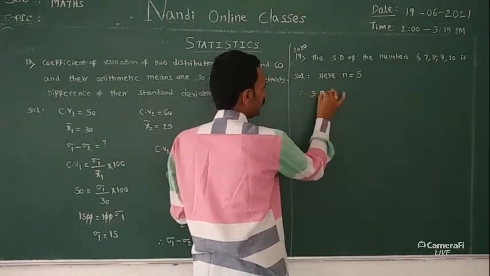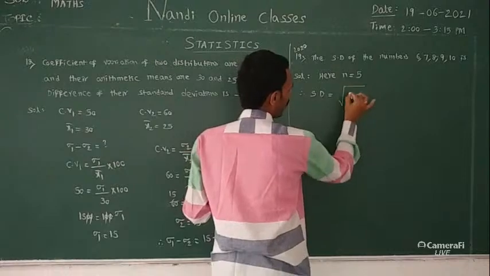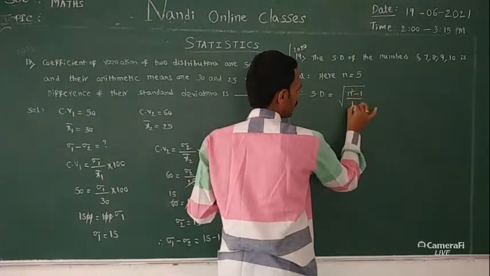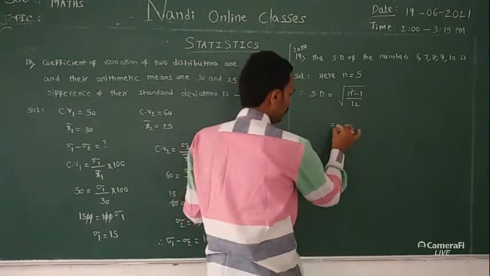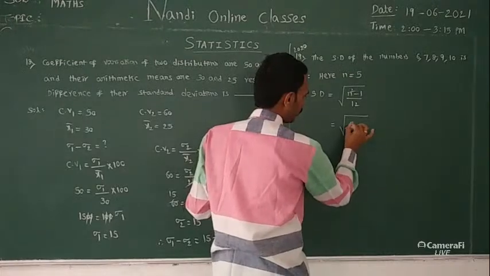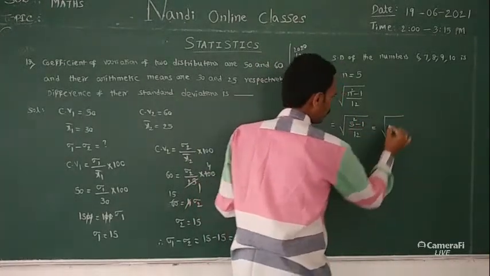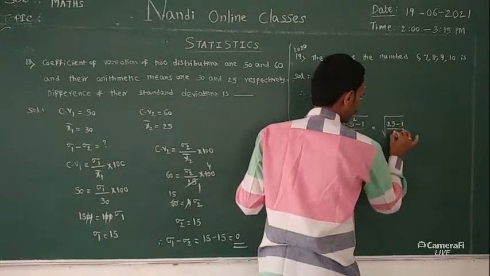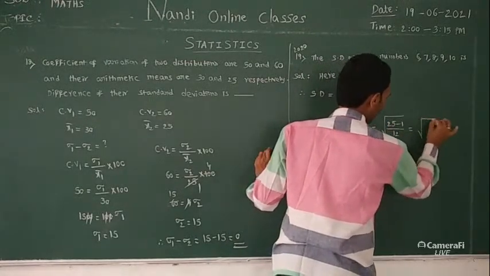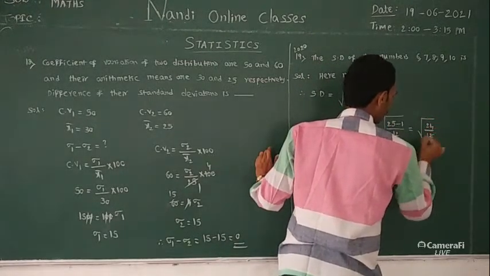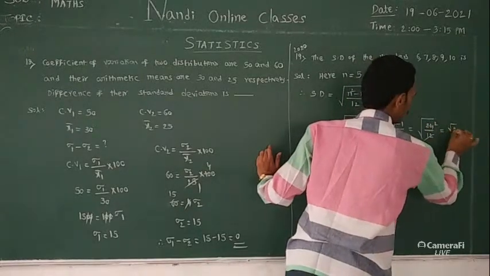Therefore standard deviation is root of n square minus 1 divided by 12, which is root of 5 square minus 1 by 12, which is root of 25 minus 1 by 12, which is root of 24 by 12. 12 ones are 12, 12 twos are 24, so it is root 2.